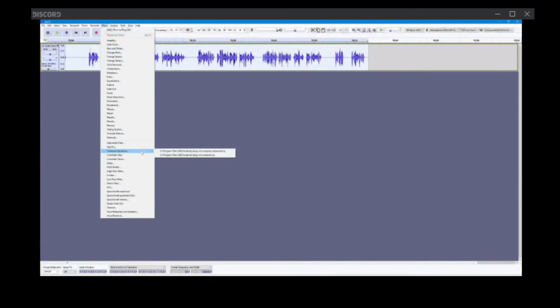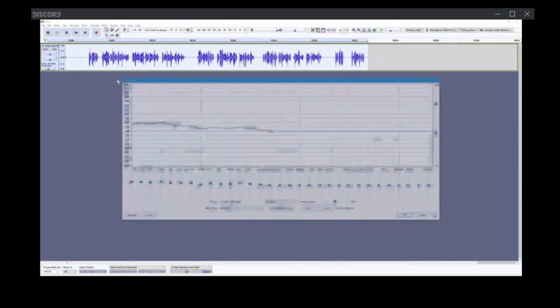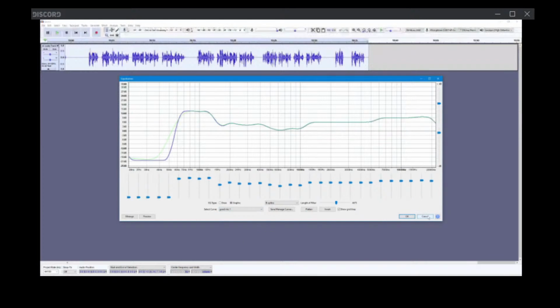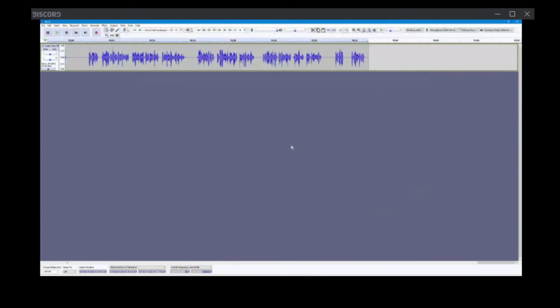I found a plugin online that is a little bit better of a compressor. You want to compress it, normalize, and equalize the voice. My microphone, you can probably hear it now, doesn't pick up bass very well. There's a lot of highs and a lot of static. And I managed all that with equalizer settings. So that's how I did that.